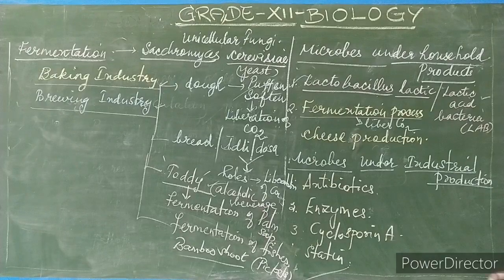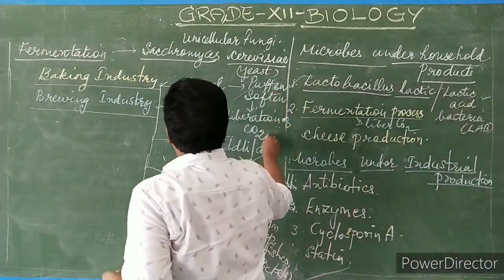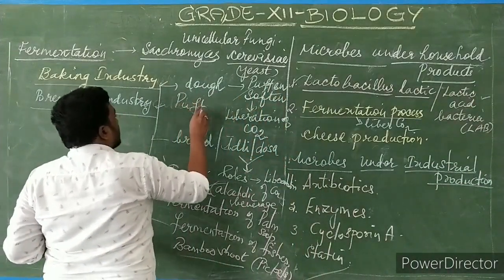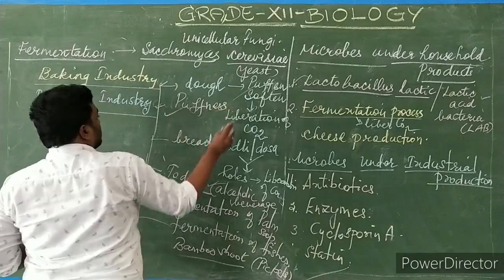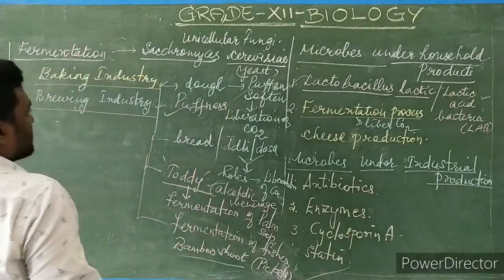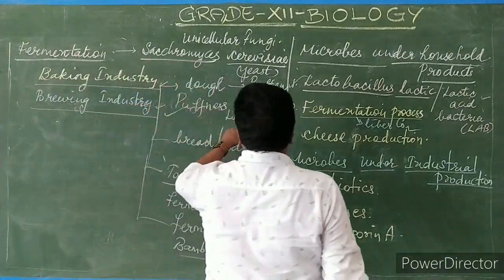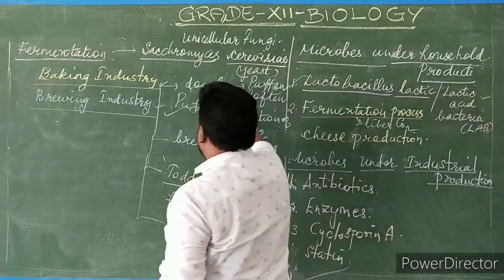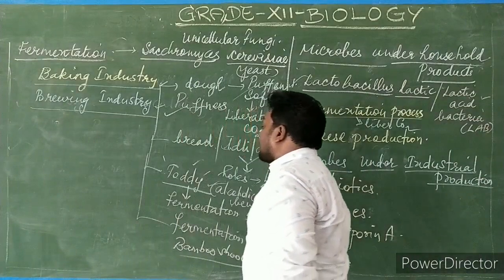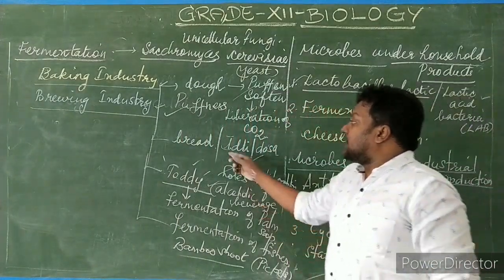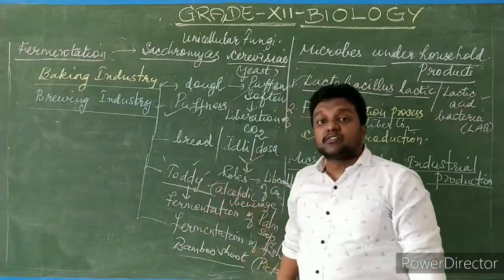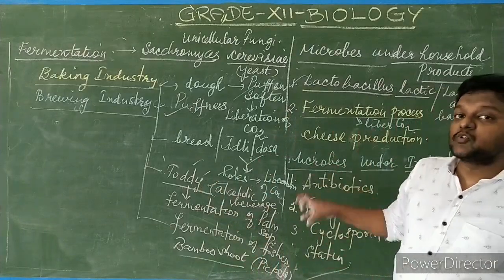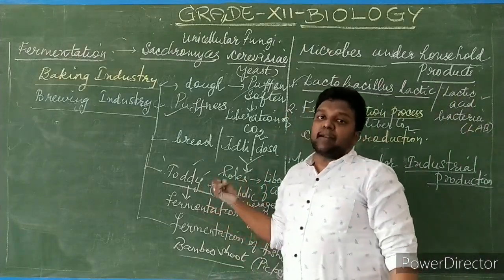So remember that the liberation of carbon dioxide results in the puffiness, which can be confirmed by the puffiness. In the fermentation process there is production of carbon dioxide. Not only flour or dough, we can also manufacture toddy. Toddy is a fermented alcoholic beverage obtained from the sap of the plant. What is sap?